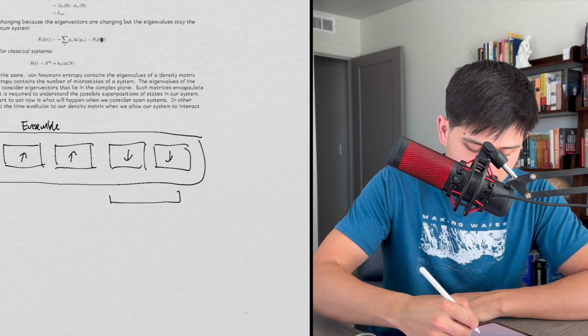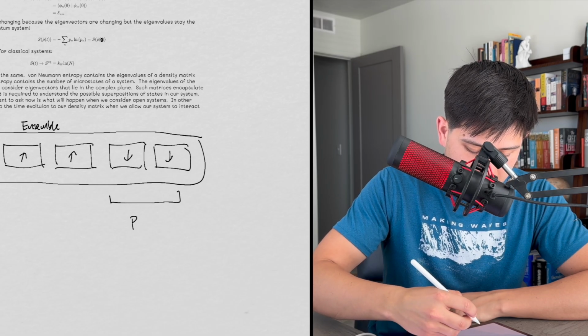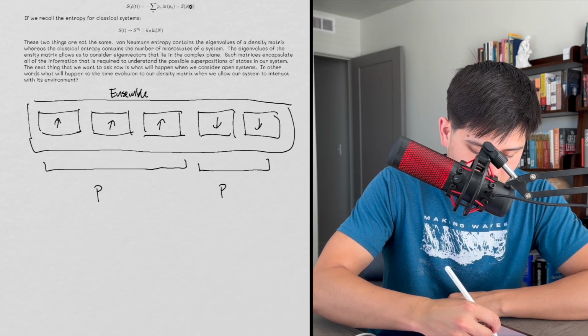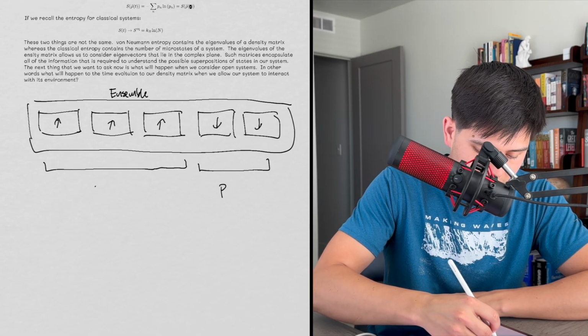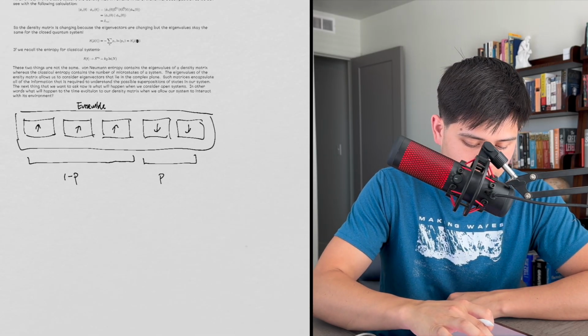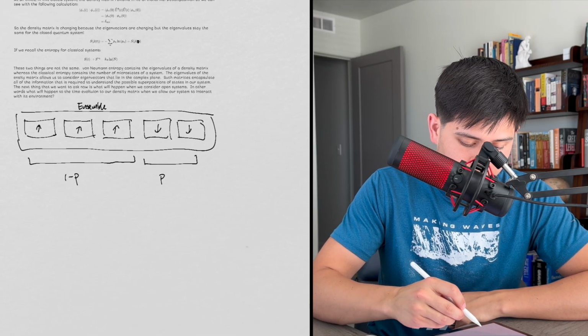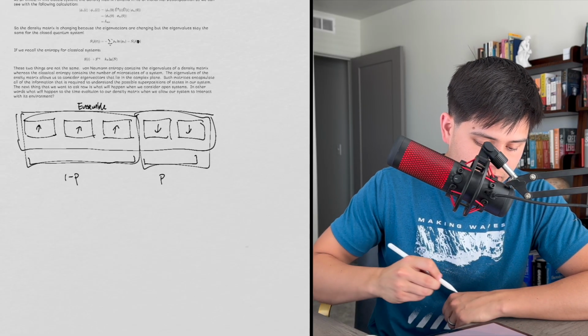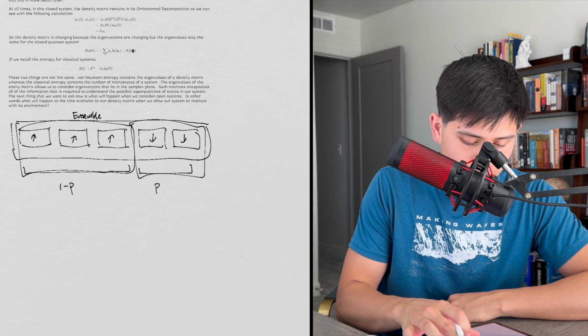So this fraction is going to be P, and say this fraction is going to be 1 minus P, right? And for a closed system, these numbers stay the same. Okay.